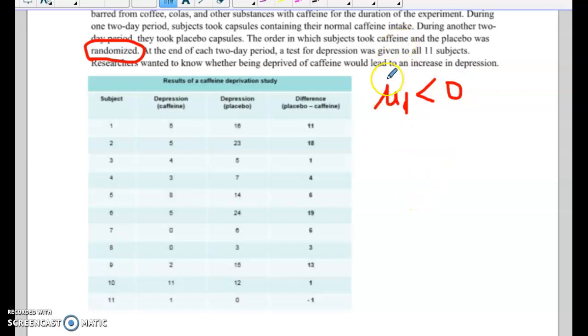No difference, my null hypothesis would have been, I'm just going to assume there is no difference. I'm going to assume the difference is 0, right? If caffeine doesn't affect depression, I would assume when I subtract these numbers, I get 0. If I think that being deprived, so no caffeine, increases depression, I'm going to expect each of these to be a negative when I subtract.